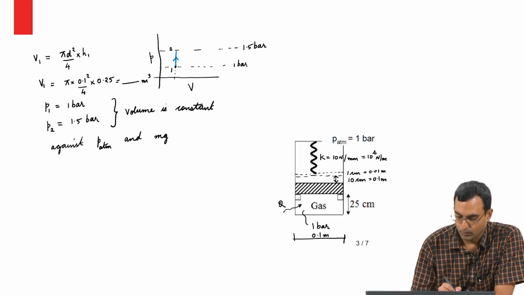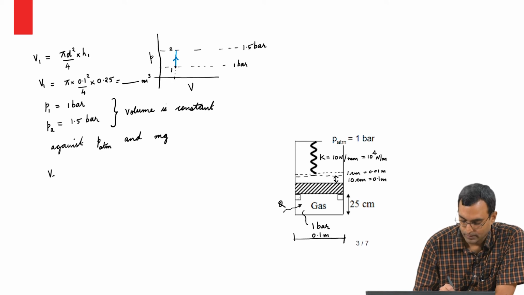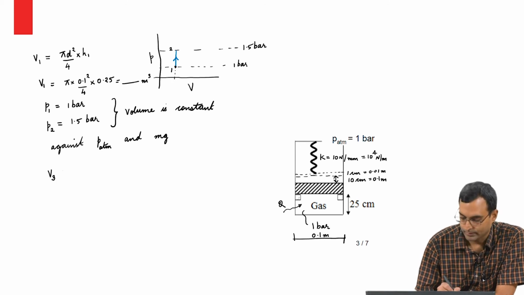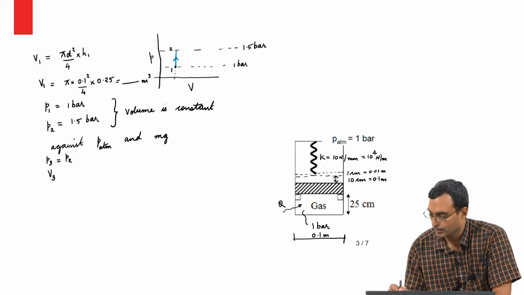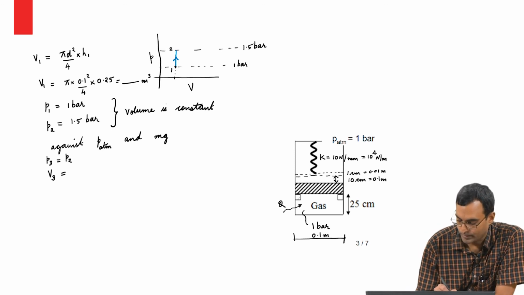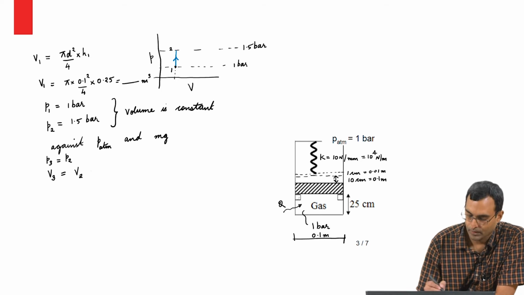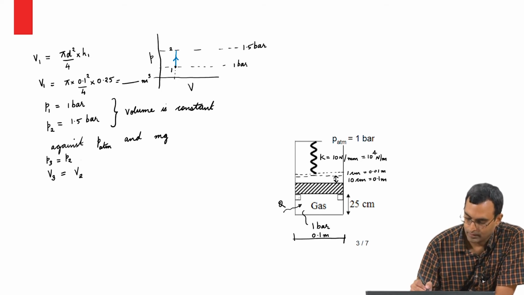So, let me find out what would be the volume at that point. So, the pressure at that case is going to be equal to the pressure at 2. The volume at that point is going to be whatever was the volume before, which is equal to V1.